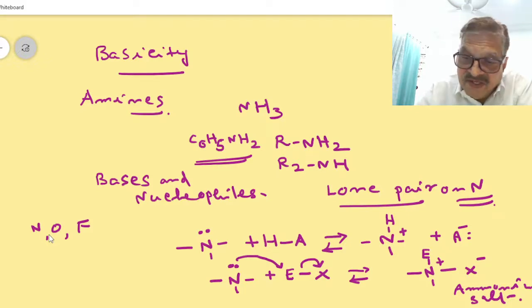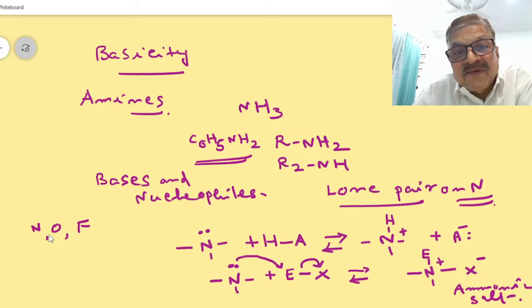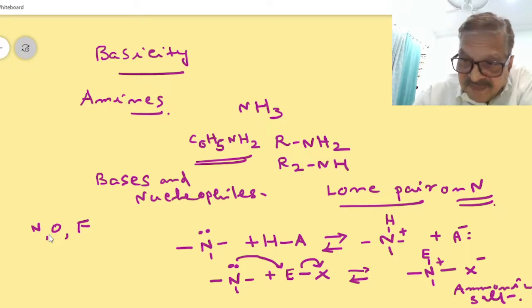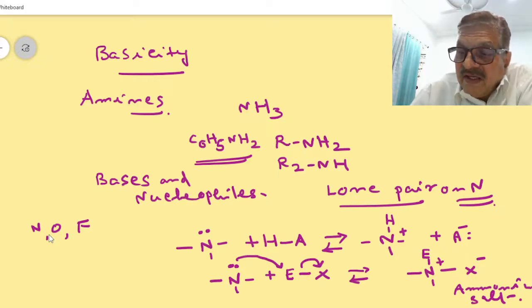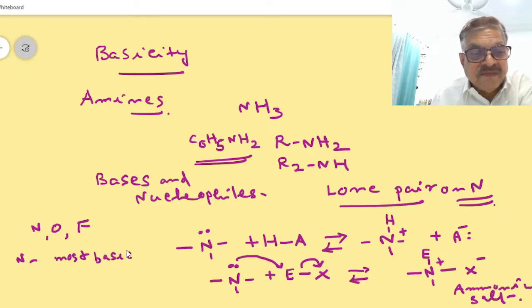Now basicity and nucleophilicity decrease across a row of the periodic table. Now we have seen the acidity. Acidity increases across a row of the periodic table from left to right. In the same way, the basicity and nucleophilicity here decrease across the row of a periodic table. Nitrogen is the most basic one here, and fluorine the least basic.